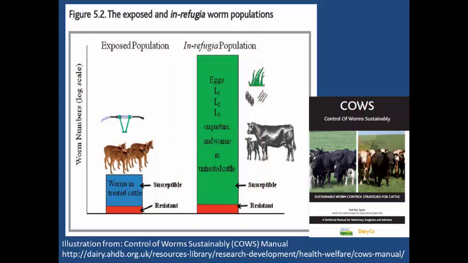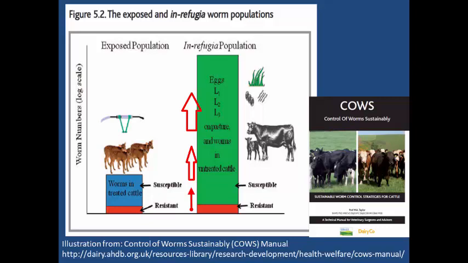However, as we continue using the same drug, those resistant parasites, which, as I say, may be almost non-existent at the very beginning, will be the ones that are going to replicate in the animal and pass on their genes onto the next generation. And as you can deduce, over time, the number of resistant ones will tend to increase because we're removing all the susceptible ones from the farm.